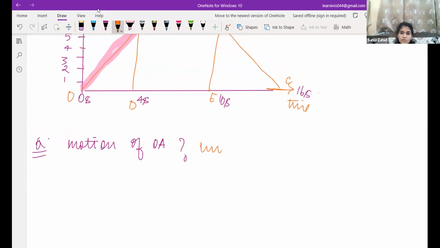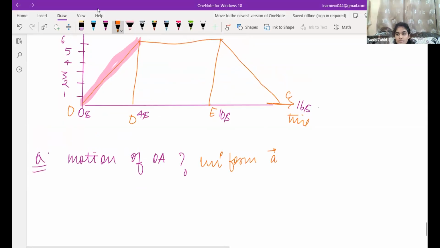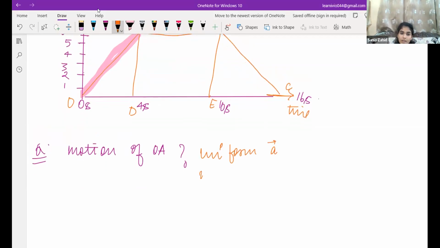Very good. And what kind of uniform acceleration? There were three cases, right? Initial speed 0, initial speed not 0, and so on. Then initial speed is 0. Okay.